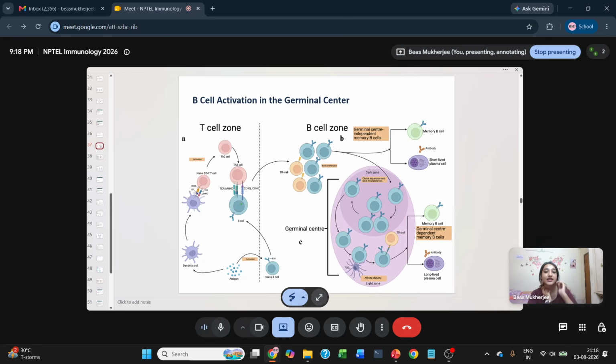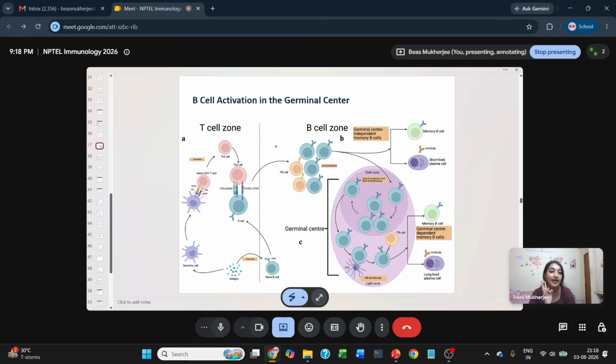It is presenting using this CD40L and CD40 interaction. There is this T cell receptor interaction along with MHC class 2. So all these interactions are happening, and because of that, this T follicular helper cell is helping this B cell to undergo proliferation.